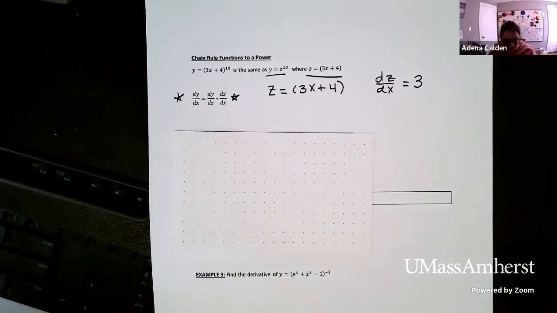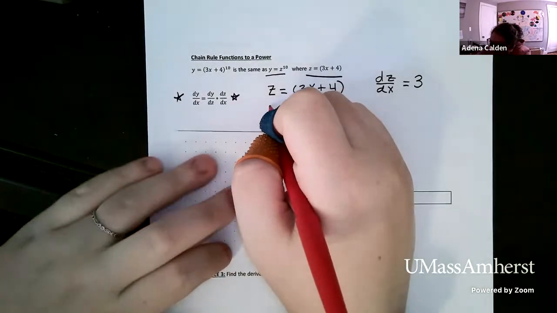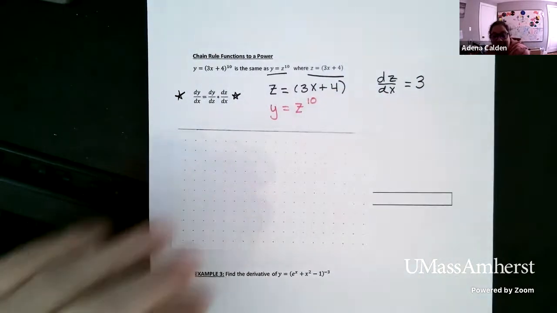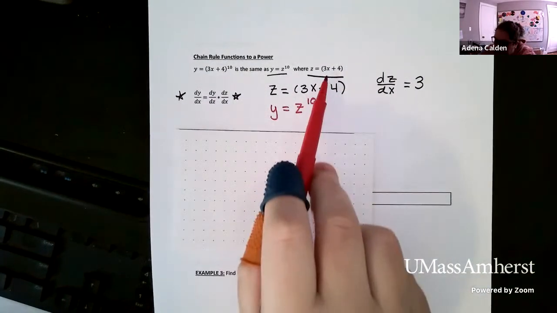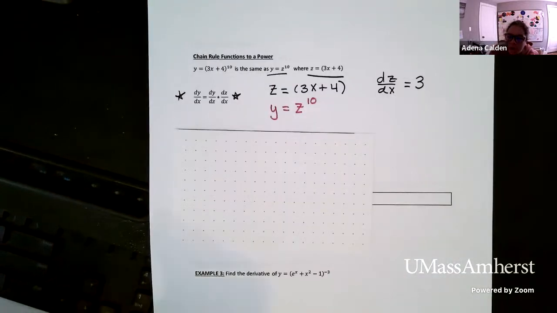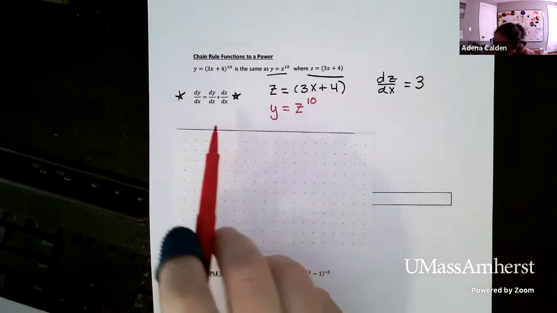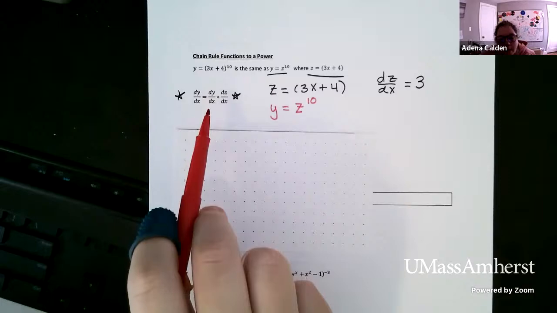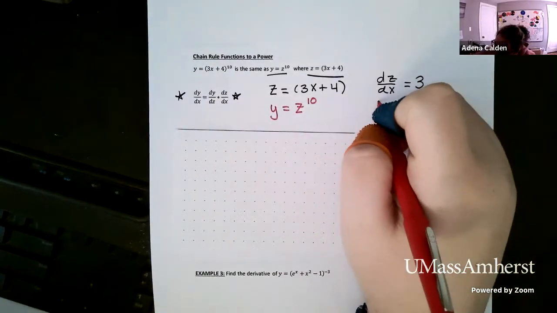Now, the second function we have is our new y function, which is y equals z to the 10th, because after we called our base z, we wrote y as z to the 10th. Now we can use this to get the derivative dy/dz, the derivative of y with respect to z.